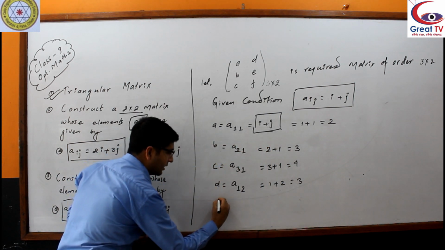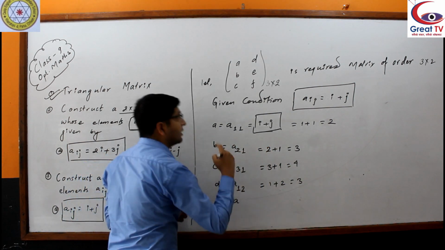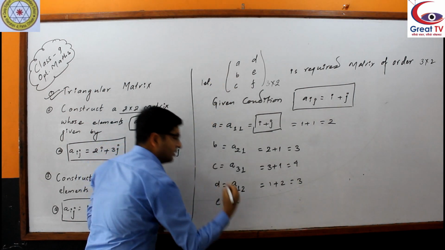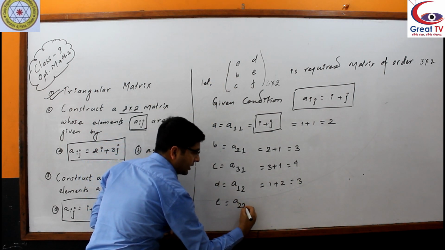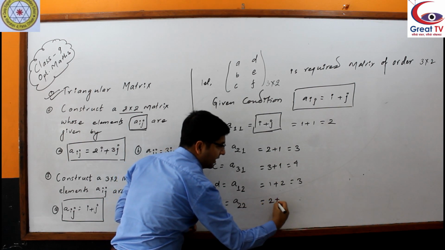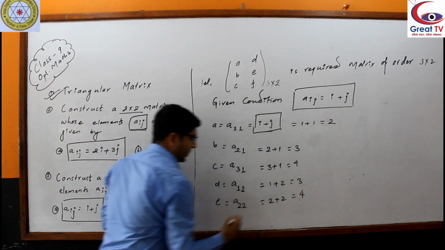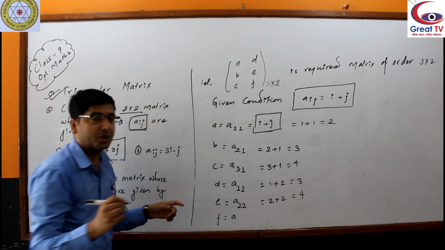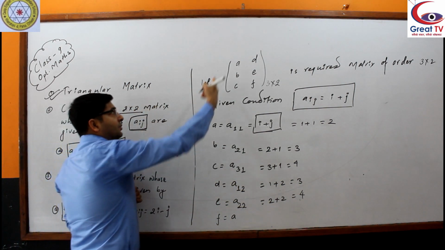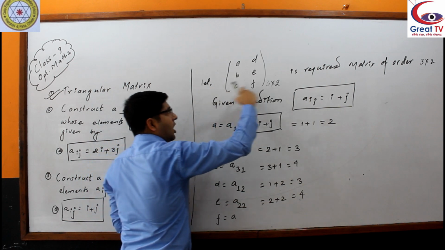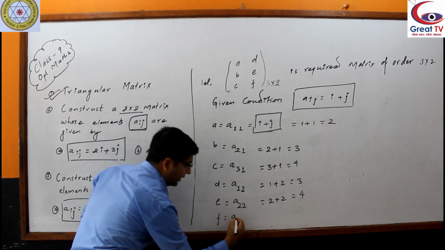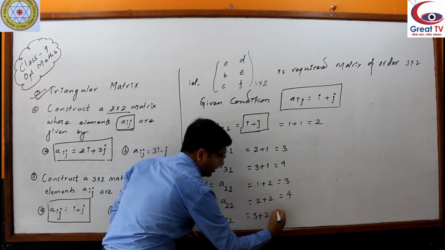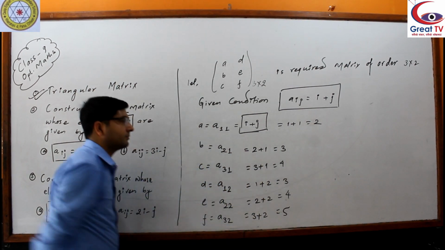Next, E is a22, second row and second column, which equals 2 plus 2 is equal to 4. Then the last element F is a32, third row, second column, which equals 3 plus 2 is equal to 5.